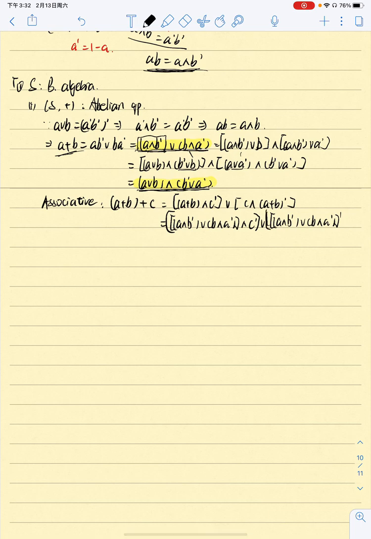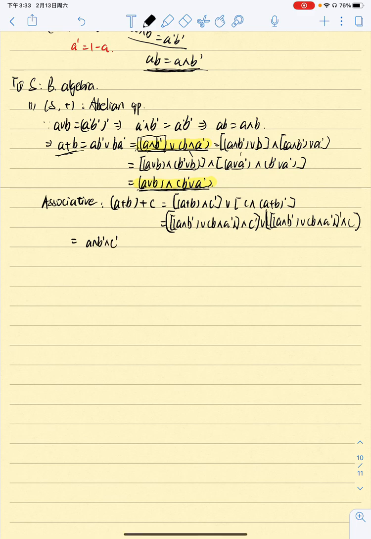Prime right and C. Okay, then let's see. It can be written as distribute A and B prime and C prime here, or B and A prime and C prime.